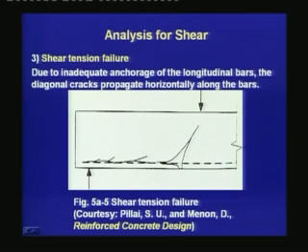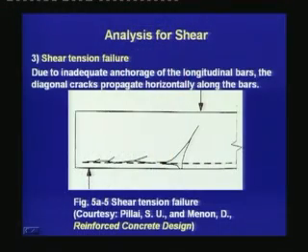The third type of failure is the shear tension failure. Due to inadequate anchorage of the longitudinal bars, the diagonal cracks propagate horizontally along the bars. If the longitudinal bar is not properly anchored at the support, then once the diagonal crack hits the level of the longitudinal bars, the crack propagates horizontally towards the supports, and the bond between the concrete and steel gets disrupted.